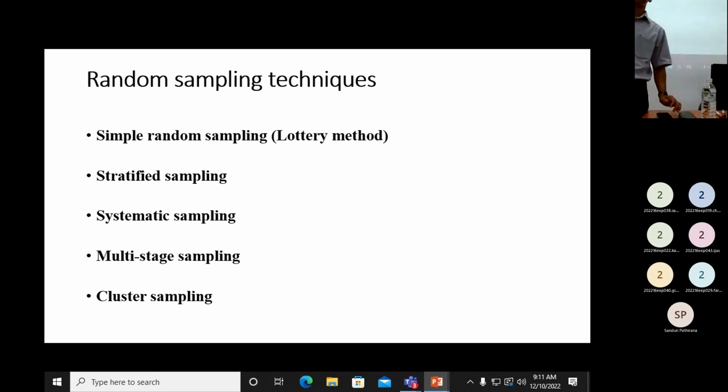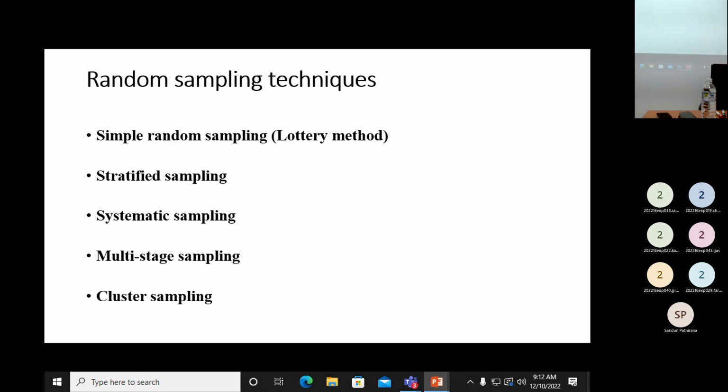After that, numbers can be mixed up and 100 can be selected. That's why lottery winners also, with all the numbers included, ping pong balls, randomly, they are simple random sampling.